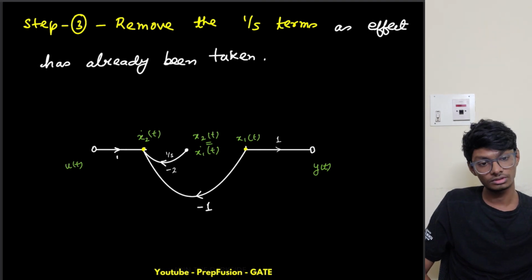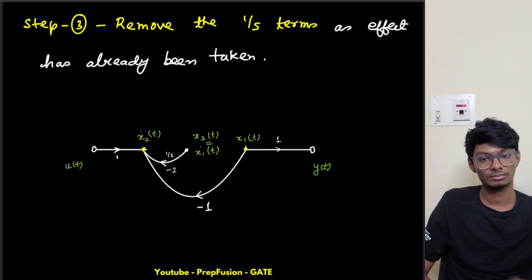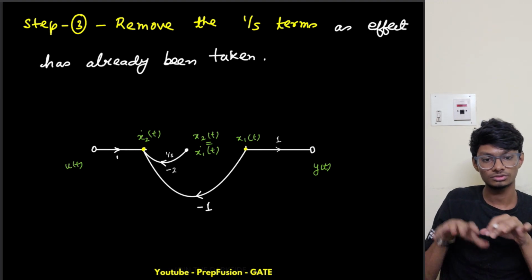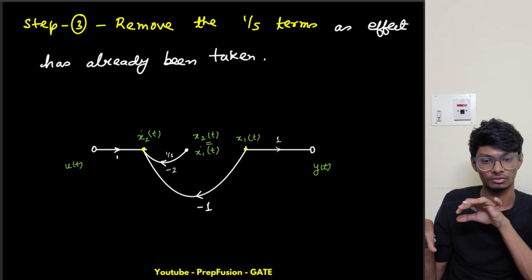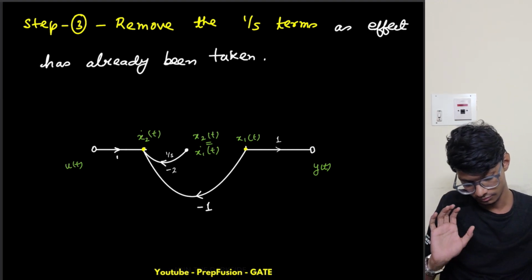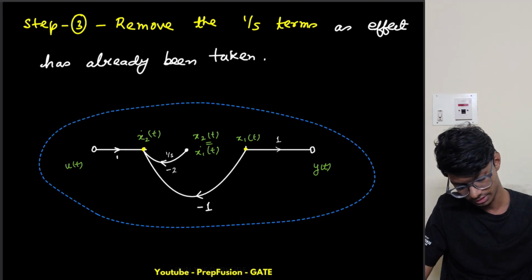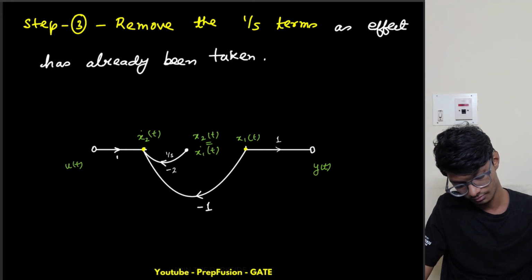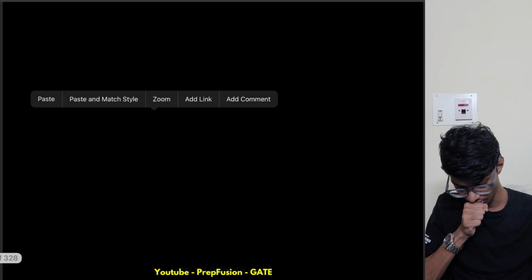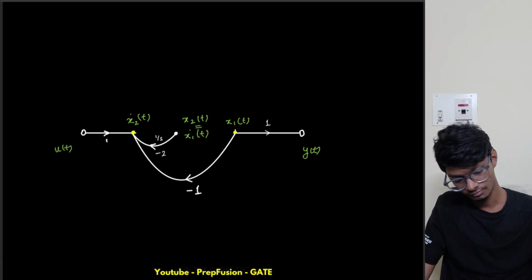So now we can write the relations, but still we will use Mason's gain formula only. What is step 4? Let me copy this again. Step 4, right?